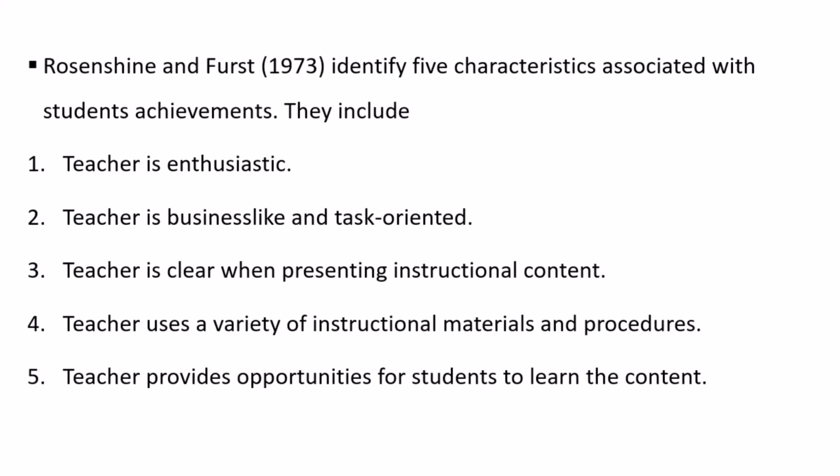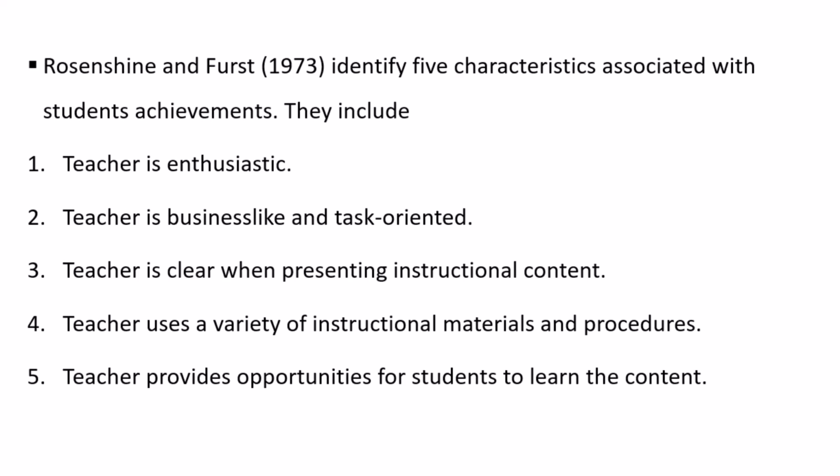The next slide. There are two other researchers who made this conclusion, and they identified 5 characteristics associated with students' achievements. They go by the names Rosenshine and Furst in 1973.